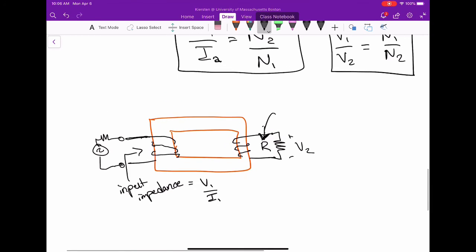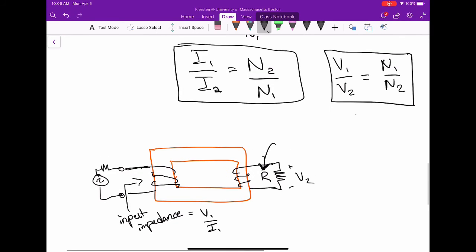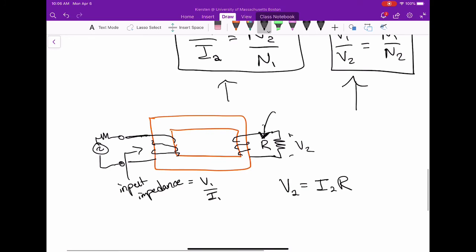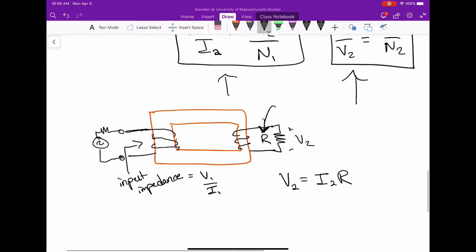Now I said that V1 over V2 is N1 over N2, and I1 over I2 is N2 over N1. Now we also have the fact, based on Ohm's law, that V2 is I2 R. So let's write those things in terms of V1 now, and I1.